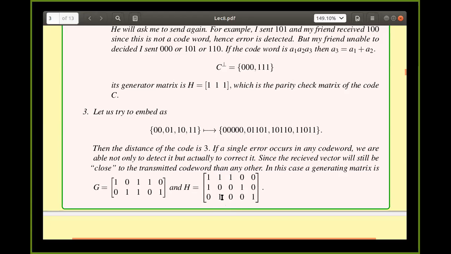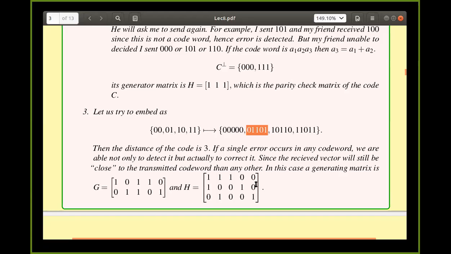The parity check matrix is the generator matrix for the dual code. You can easily check that all these vectors are perpendicular: if I take this vector, 0 1 1 0 1, and take the inner product with any row here, it becomes 0.